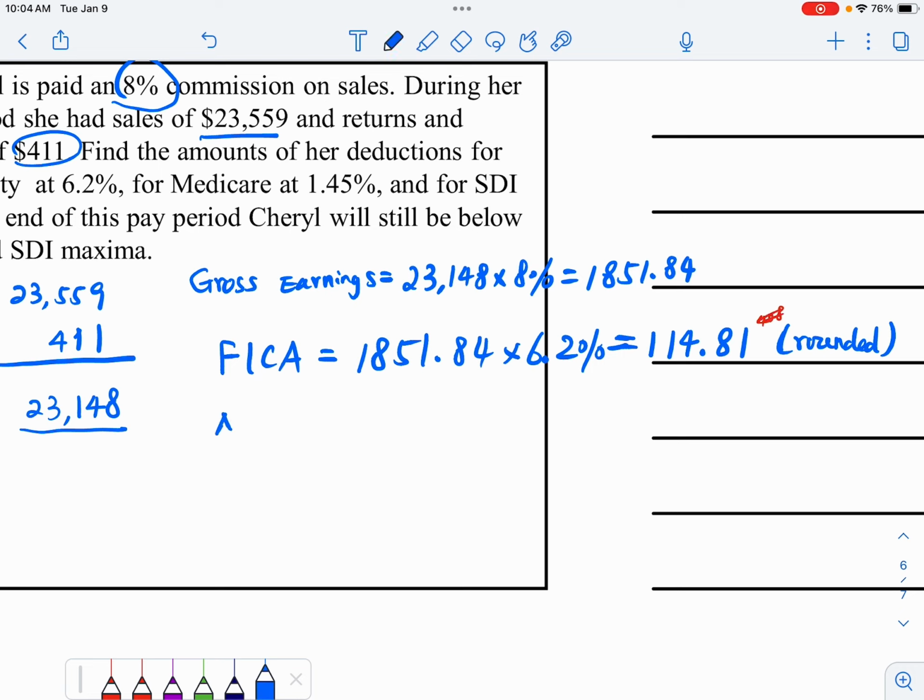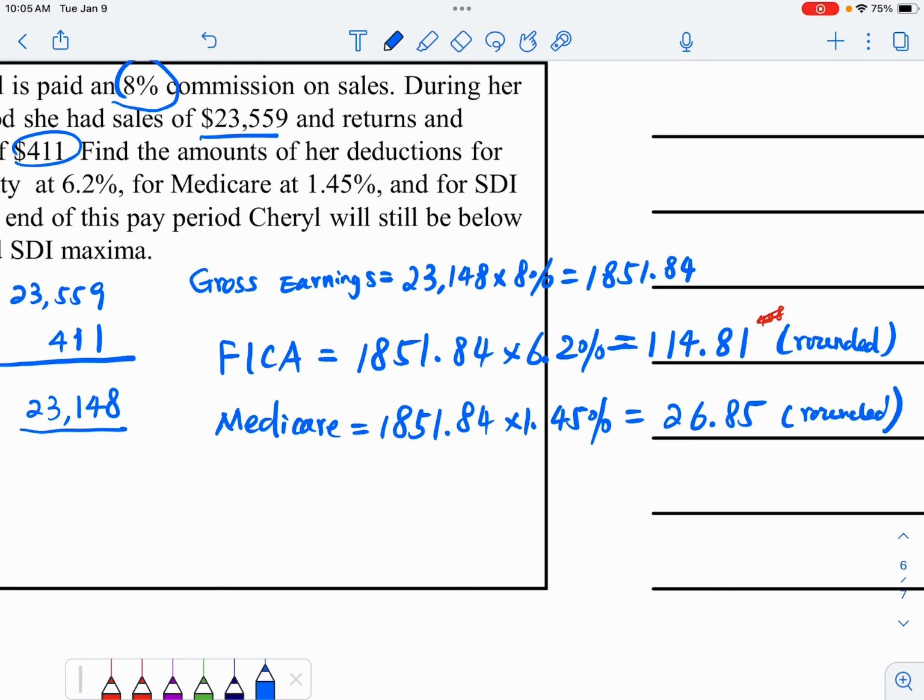And the Medicare is at 1.45%, so $1,851.84 times 0.0145. So I have $26.85. Again, rounded.